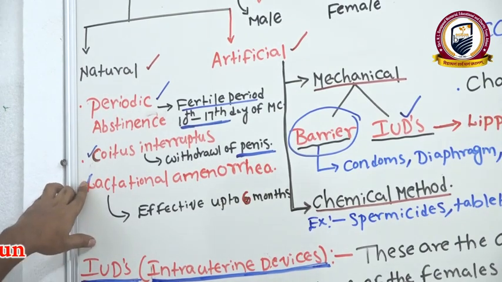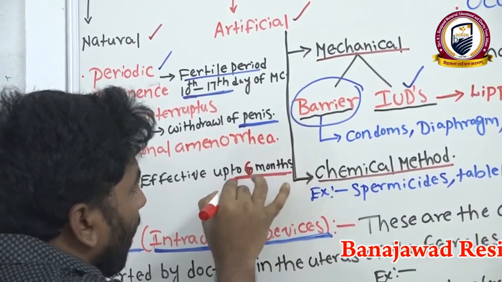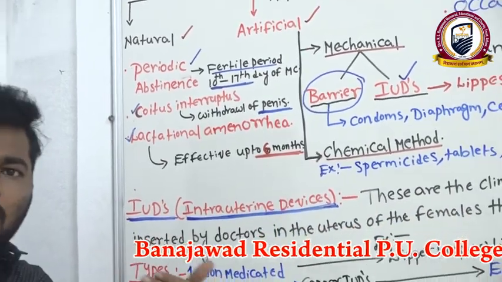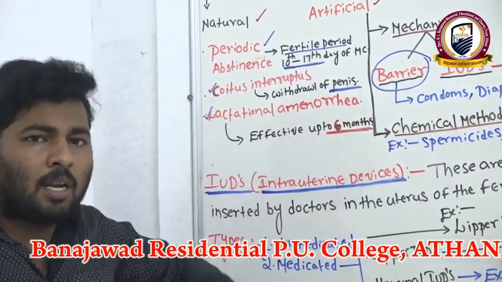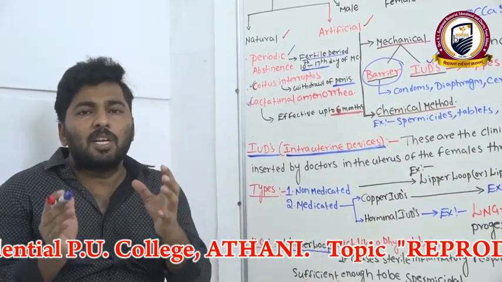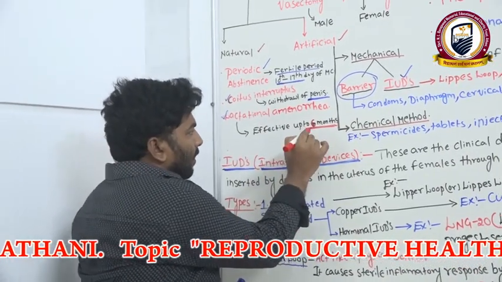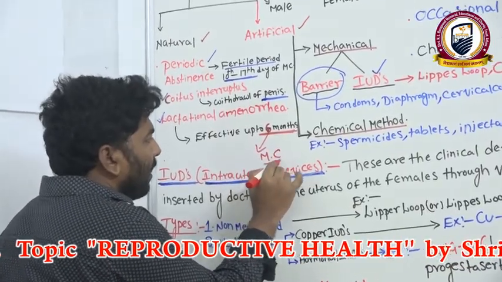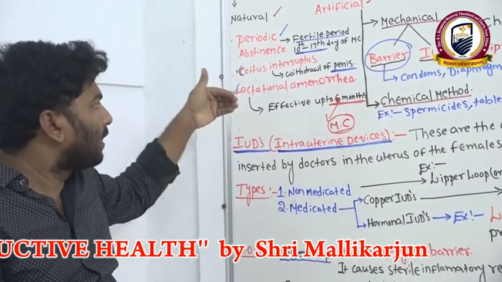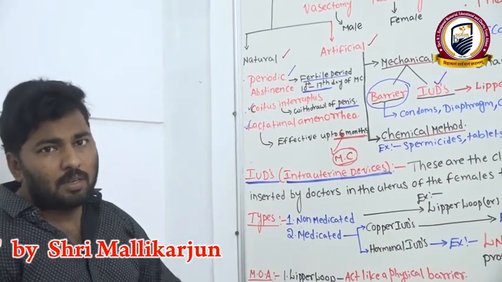Already I told you that it works effectively up to 6 months after the delivery, when the mother secretes a sufficient amount of milk. At that time there is no chance of getting the MC, MC meaning menstrual cycle, so there is no chance to get pregnant. Clear? This is about the natural methods.